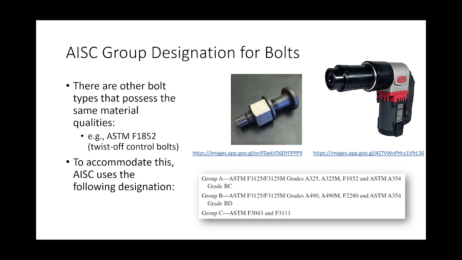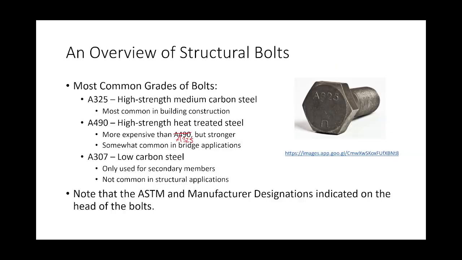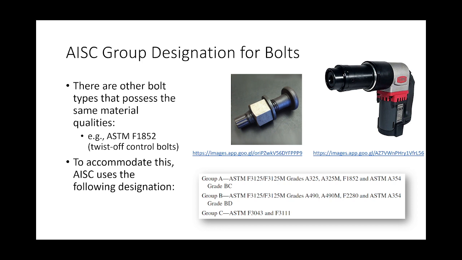So I want to be crystal clear, there is no such thing as a Group A bolt. You're not going to go to the steel supplier and find a bolt that says Group A or Group B. It's just us as steel designers clumping together all of the bolts that have similar material specifications and saying, we're going to call this Group A and call this Group B, okay?